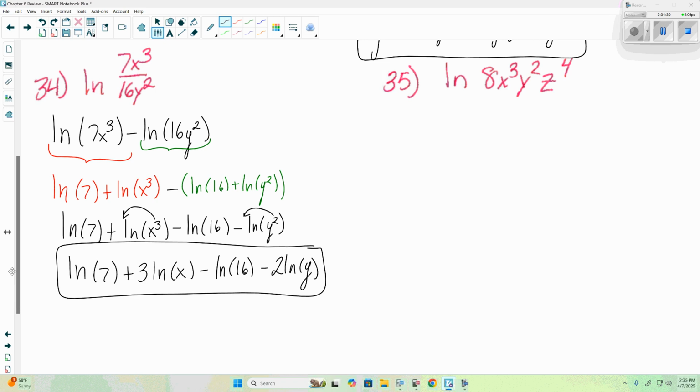So even though it's natural logs, it's going to behave the exact same way as our logs. Because natural log is the same as log, its base is just understood to be e. Questions on 34?